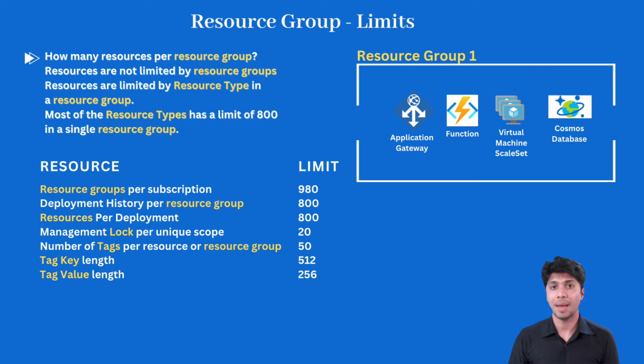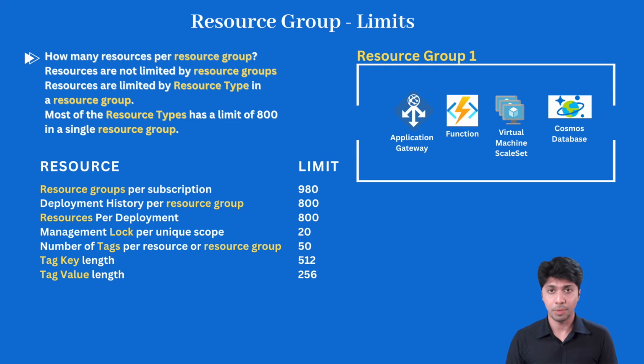Next is management locks per unique scope, which is 20. This means you can lock the resources or the resource group to prevent accidental update or deletion of any kind of resource or resource group. You can create 20 such locks. The number of tags on a resource or resource group is a maximum of 50.